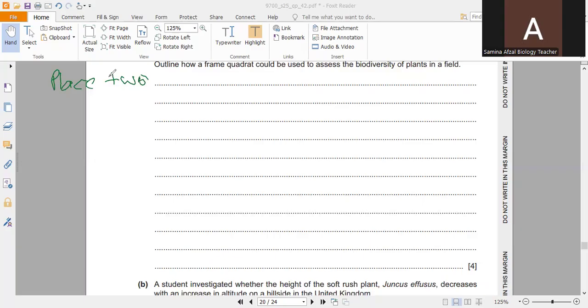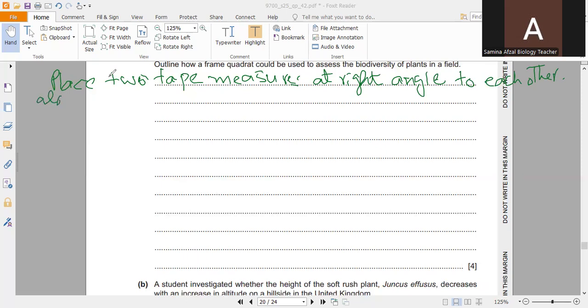Place two tape measures at right angles to each other along the edges of the field.